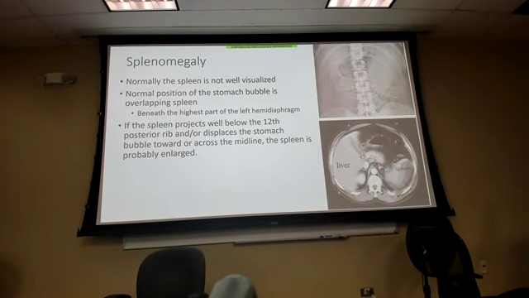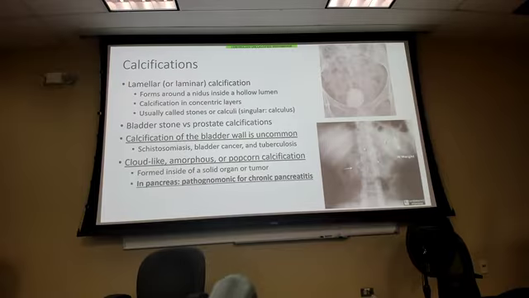Okay, gravity, splenomegaly. Okay, calcifications, this is a new one. We want to look for those calcifications. There are calcifications in the vasculature. Can we actually see the plaque that's lining their aorta, their iliacs, their SMA, IMA?